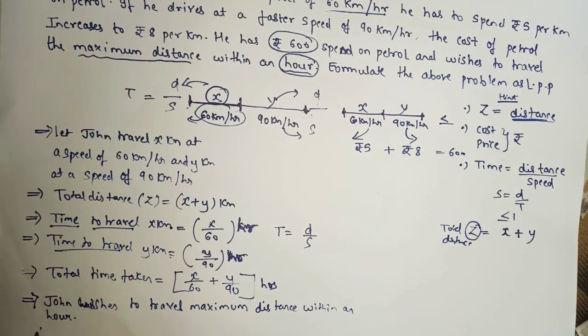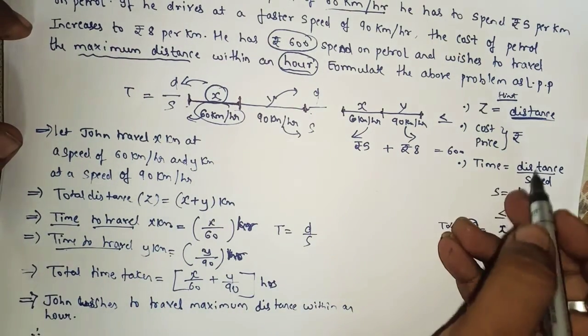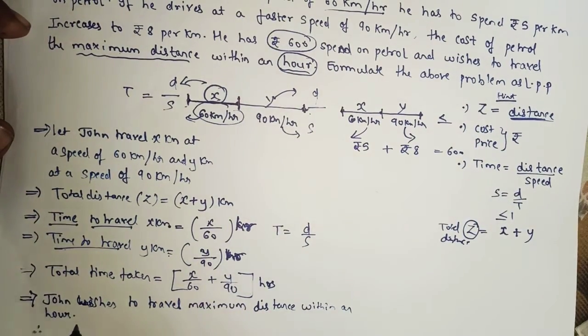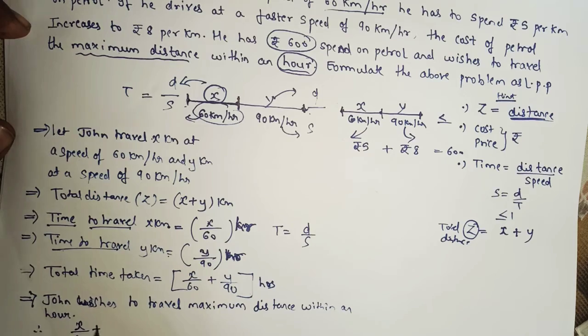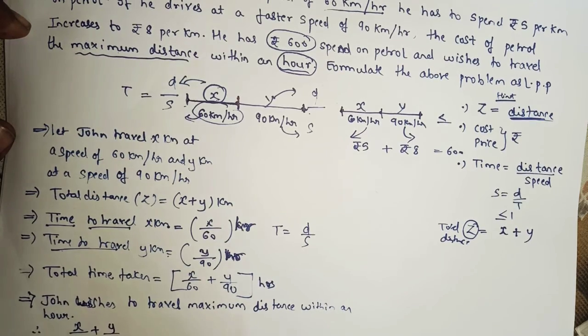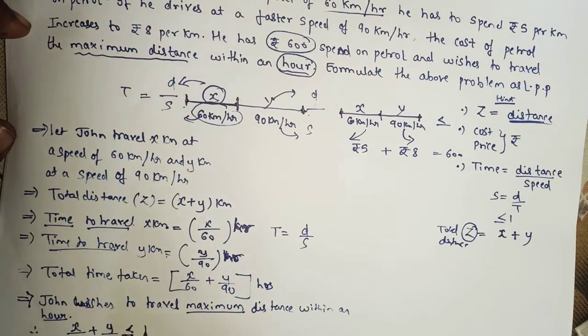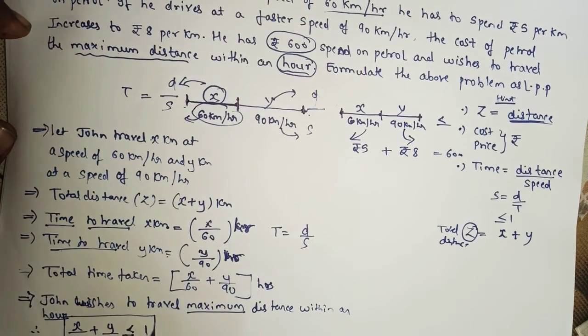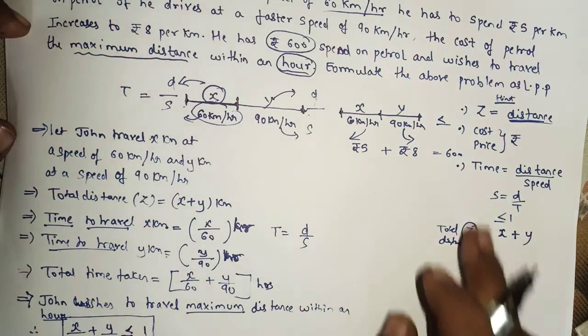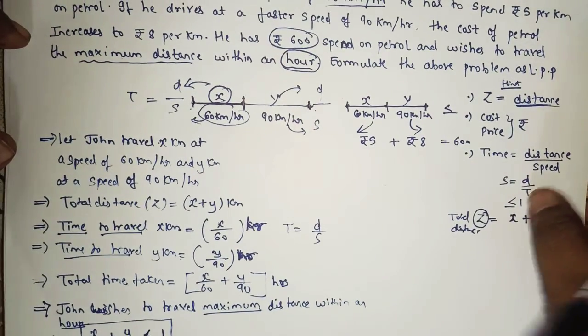So therefore, using the concept that is time equal to distance upon speed, x upon 60 plus y upon 90, wishes to travel maximum means less than equal to, within an hour. An hour means what? 1 hour. So here we got one linear inequation with respect to time equal to distance upon speed.